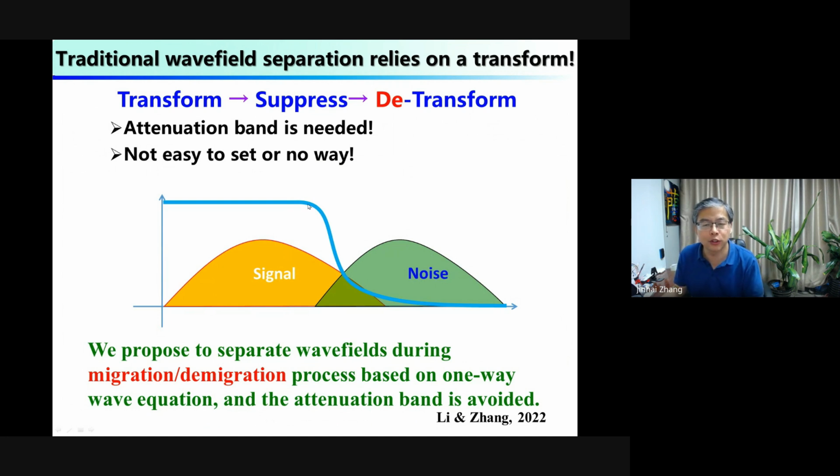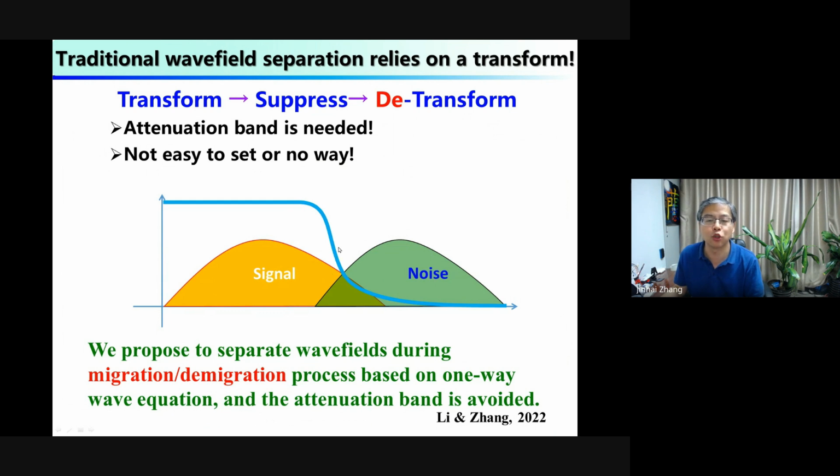So people have to set a range for this. If this is too far left, then the signal will be ruined. If it is too close to the right side, the noise will be left in the signal profile. So we have a difficulty in setting up a good boundary here.